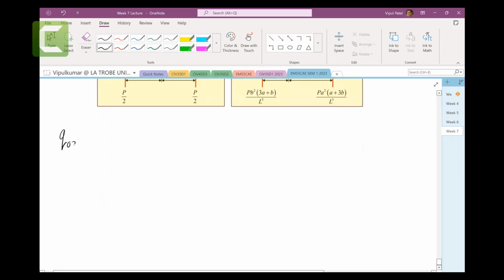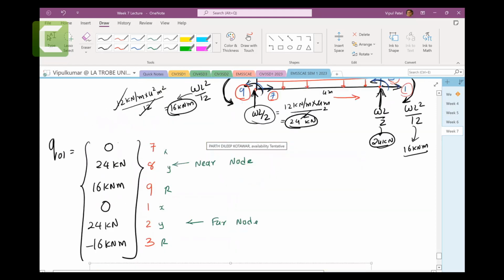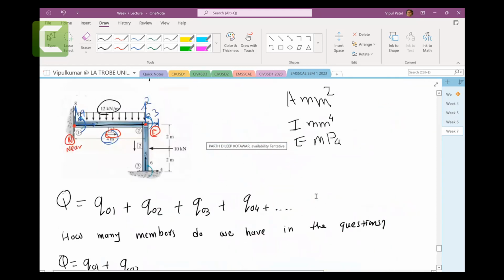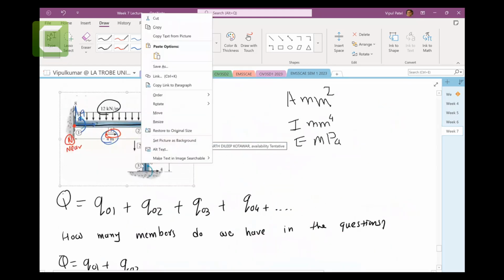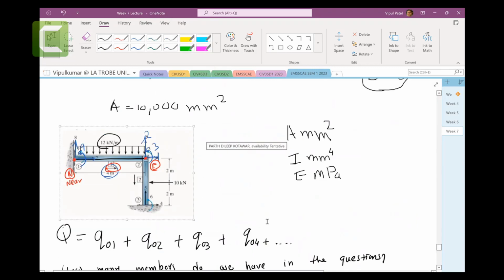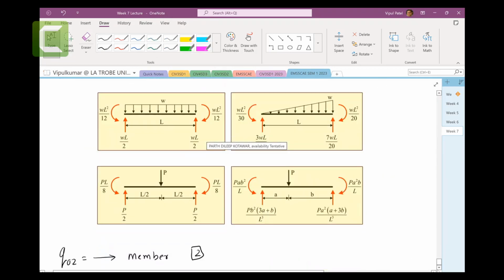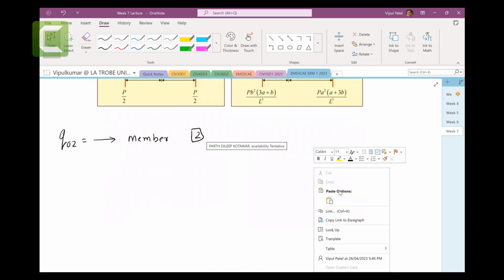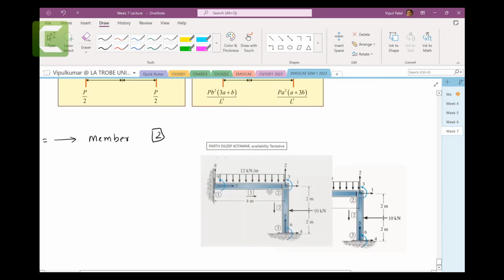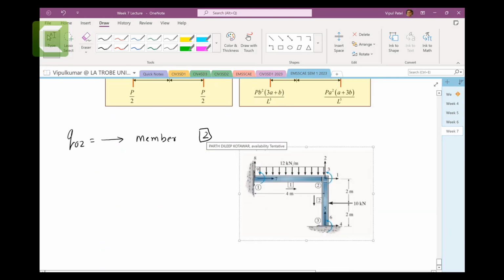Now for Q02, we're going to look at member number 2. Let me get this member number 2 somewhere close so we can clearly see it. Okay, so that is member number 2 here. Now let me draw member number 2, that line here.